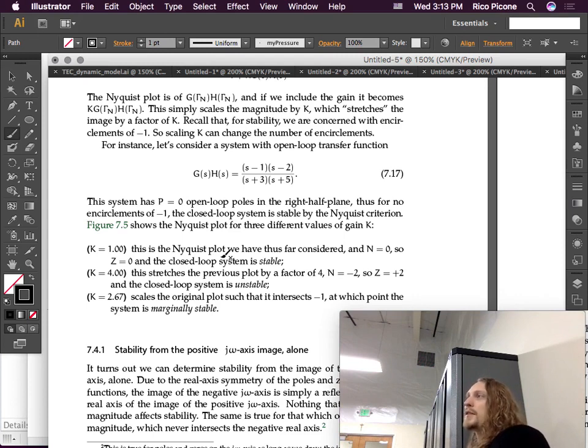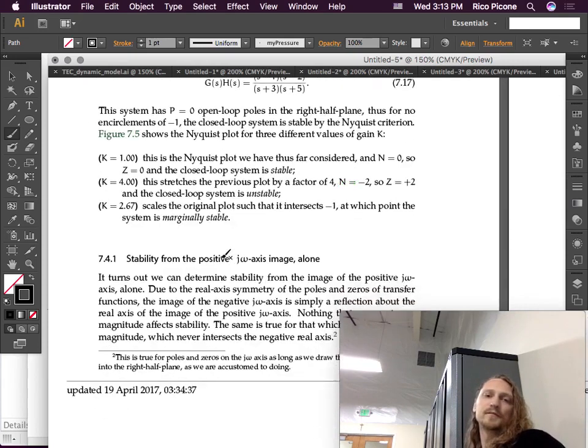It might start out stable like this one did with low gain and then go unstable if you do the feedback loop. So there are lots of possibilities, but I think that they're all sort of captured in this idea of stretching and shrinking down the Nyquist plot to change the number of encirclements.